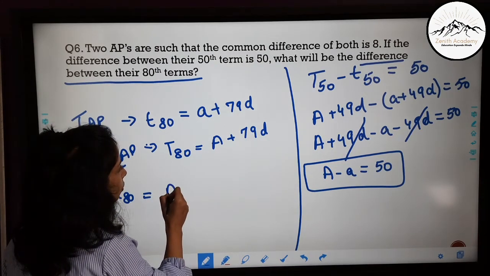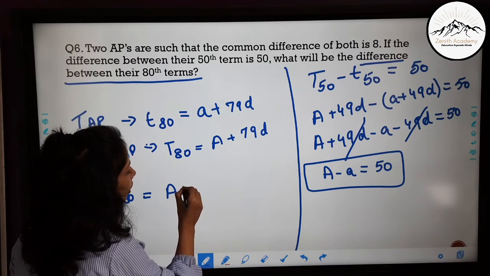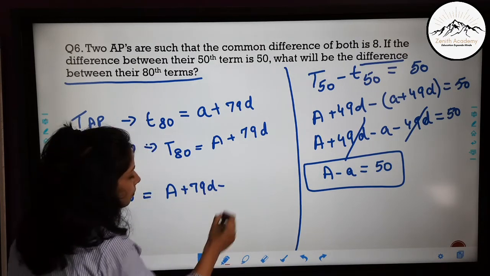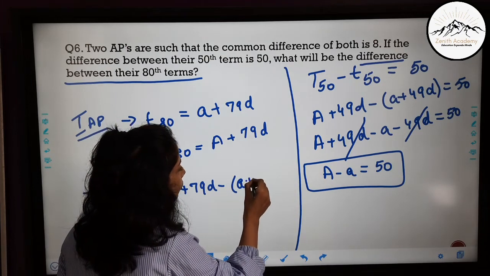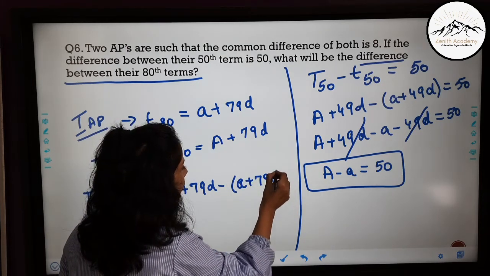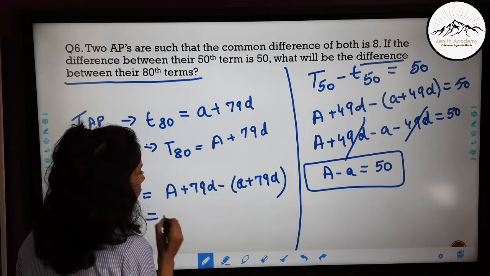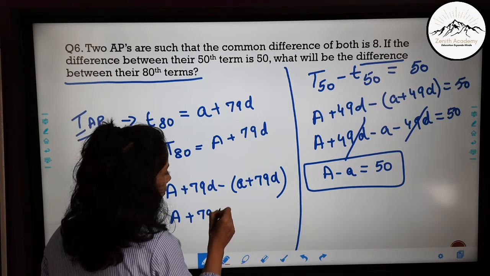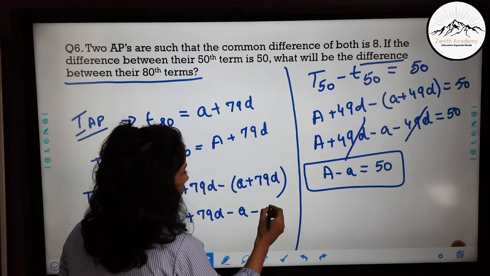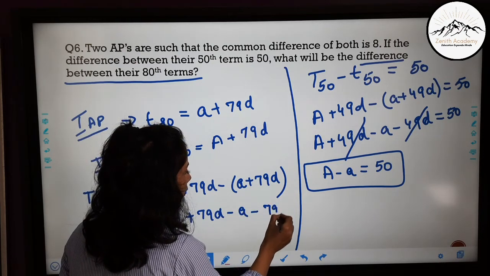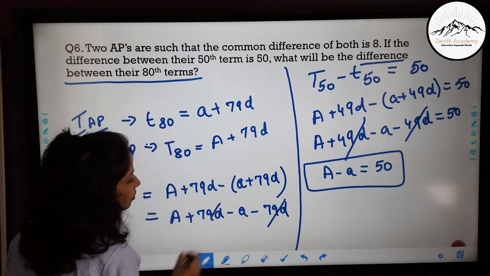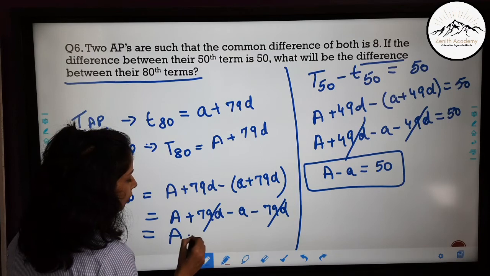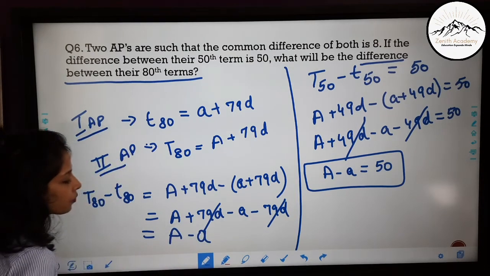This will give us A plus 79D minus a plus 79D. When we open the brackets and change the signs, 79D and 79D will get cancelled and we'll get the remainder as A minus a.